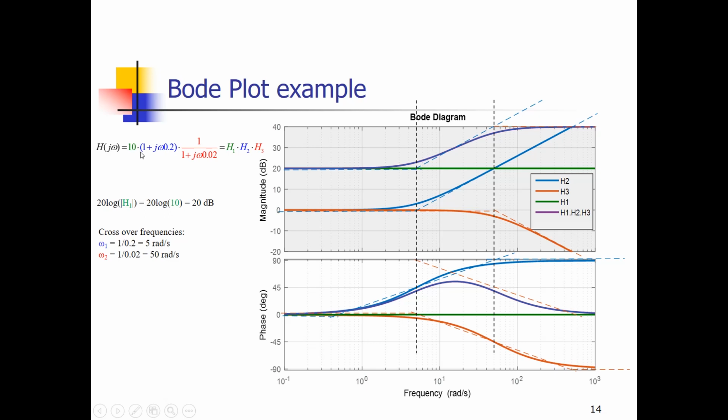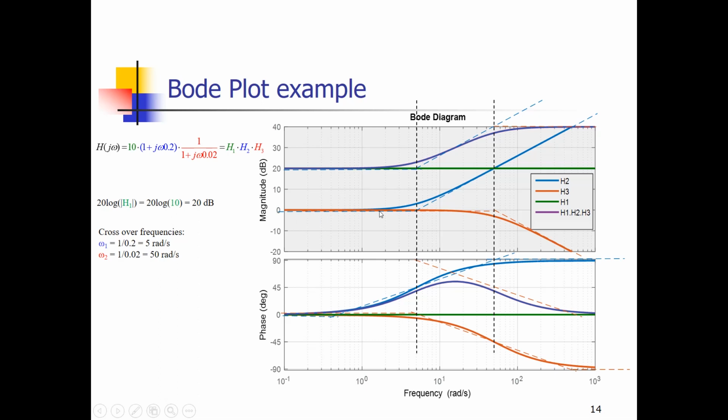Well, we can draw the amplitude plot of the blue system. For low frequencies, we can neglect the imaginary part, so we have an amplitude of 20 times the log of 1, which is 20 times 0, which is 0 dB.